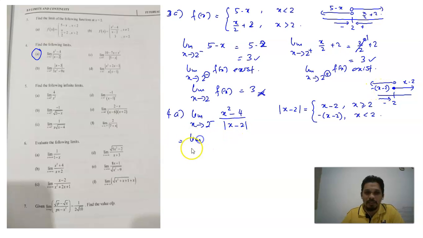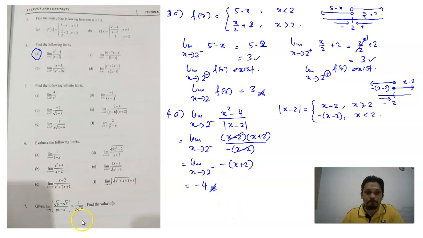So we come up with the limit of x approaching 2 from the left and factorize this. x squared minus 4 becomes x minus 2 times x plus 2, divided by negative of x minus 2. There you go. So we get the limit of x approaching 2 from the left of negative of x plus 2. So substitute x with 2. 2 plus 2 equal to 4, and then negative 4. Okay.